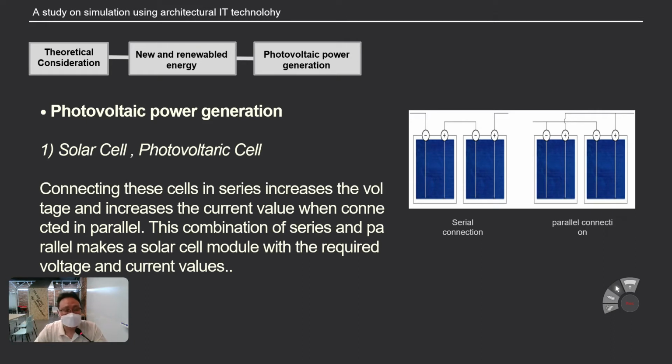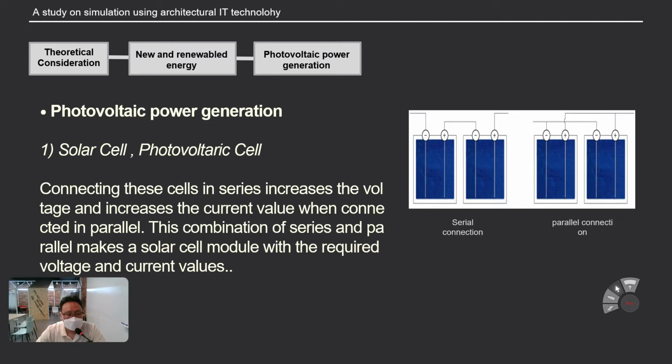Then the next is theory. This is the theory content. The solar cell: connecting cells in series increases the voltage, and connecting them in parallel increases the current value.